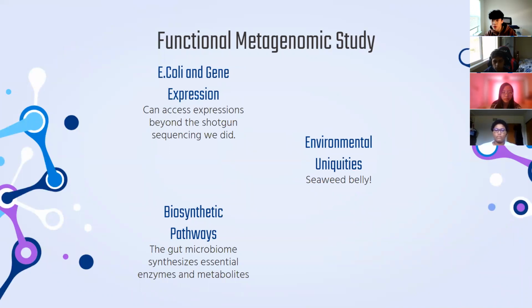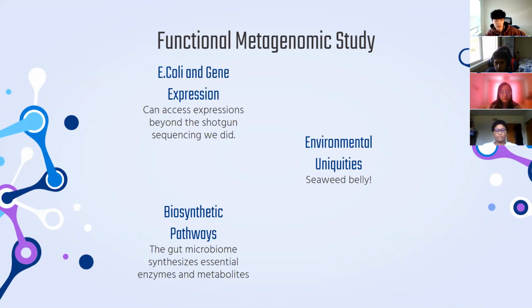But what's mainly focused on within the human gut biome is functional metagenomic study. And there are a multitude of extremely interesting applications and frontier-pushing ideas within this discipline. So one is using E. coli to discover gene expressions beyond the genome sequencing that we did in our class, like shotgun sequencing, where we split DNA into a bunch of different small sequences and then sequence those.